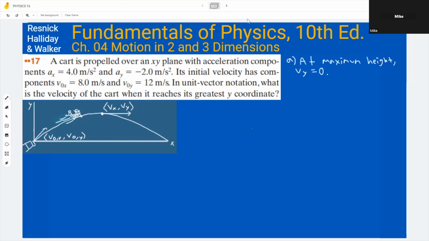Yung skill dito ay yung i-set up mo yun actually. Na ganito, ano ba yung acceleration vector? A as a function of time. It's 4.0, meters per second square i hat.